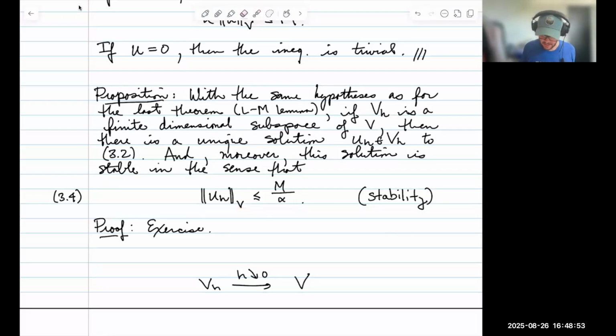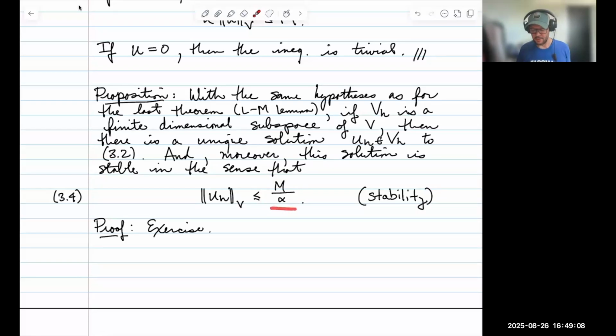Well, because what it says is that as the dimension of my space gets larger and larger, this object is still bounded by this rock solid object up here.